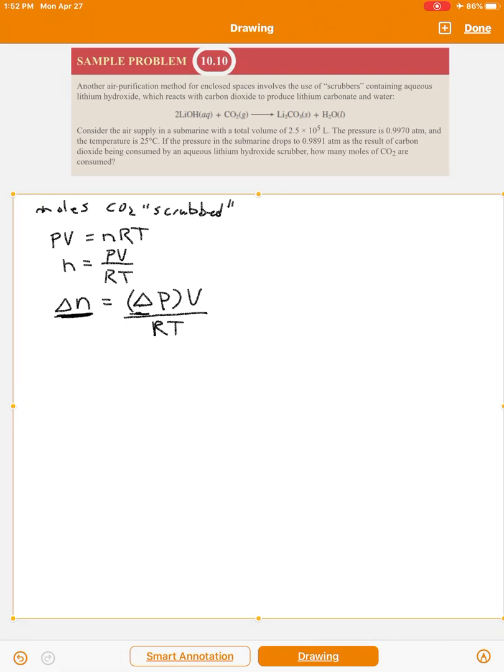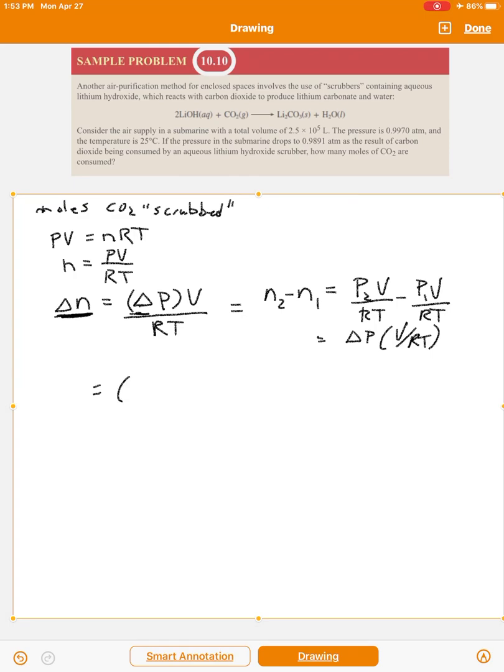Okay, so in a way, you could say it's this. n2 minus n1 is the change in the number of moles, and that's equal to P2V over RT minus P1V over RT, which is equal to delta P times V over RT. Okay? So that's how this works. So we just need to know the change in pressure.